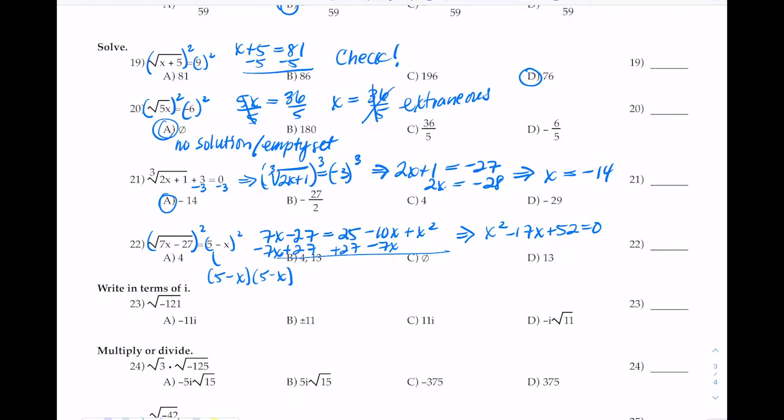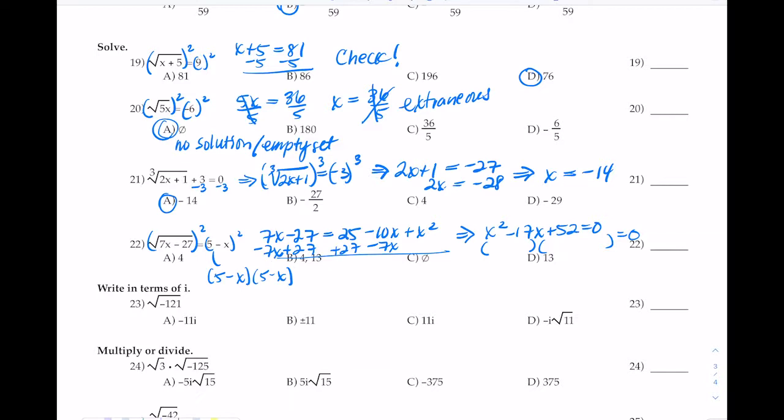And I want to try factoring this first. So I need factors of 52 that add up to a negative 17. If you don't know where to start, start with 1, so 1 times 52, but you can't get a negative 17 from that. 2 goes into 52 26 times.